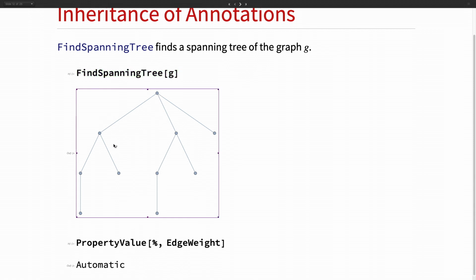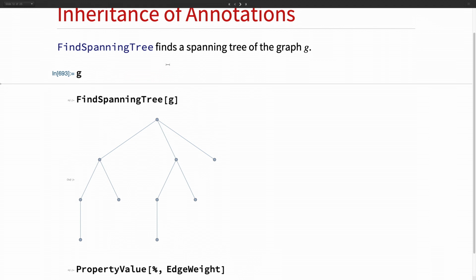You got the spanning tree, but it doesn't contain any of the property annotations from the original graph, right? This G we have in the front.